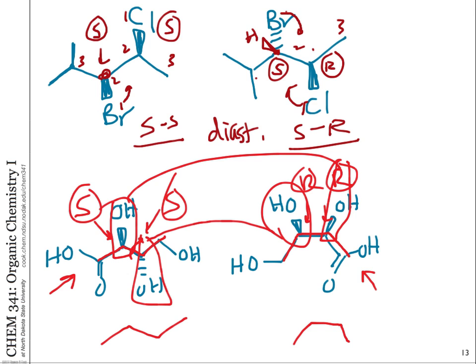One more example, because this one's a little tricky. It might be useful to take a look at. I have 2 cyclopentanes. These happen to have 3 groups on them, which look like this. Those are CH3s.